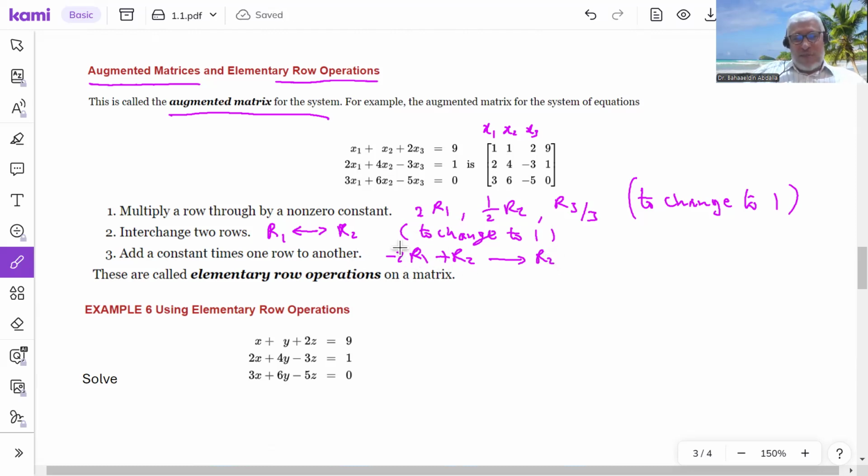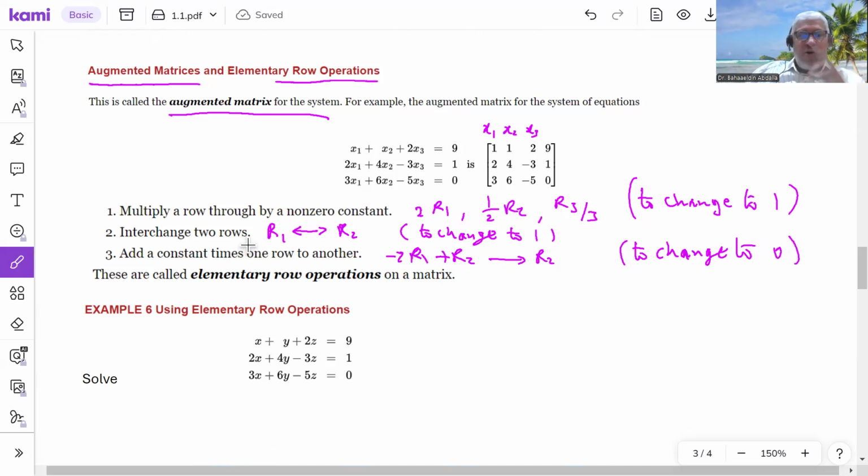So add a constant, the constant is -2 times one row, which is R1 here, to another, which is R2. This method will change numbers to zeros. So whenever you want to change to zeros, use the third row operation.